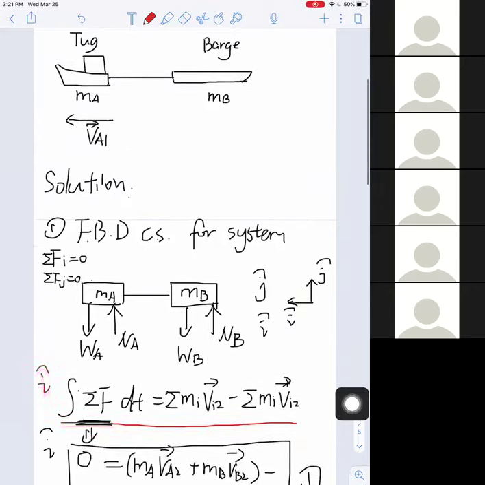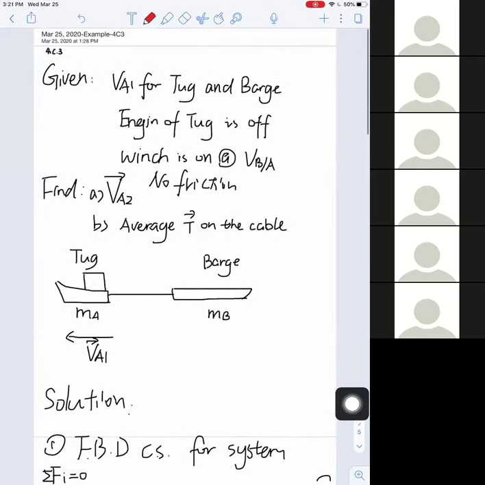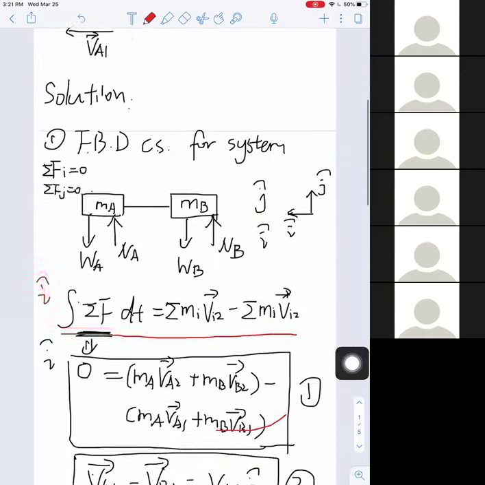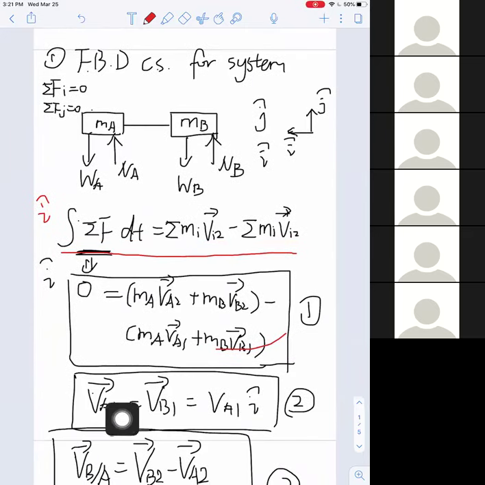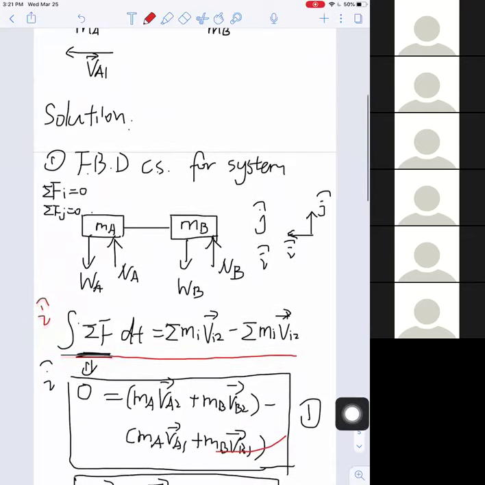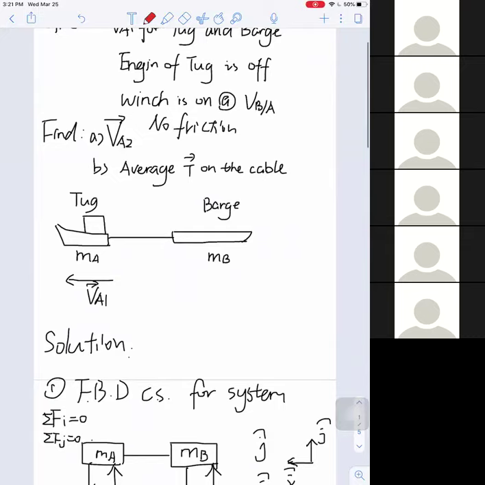And in this given condition, we know both boats, the tug and the barge, are moving at the same speed, vA1 at t equals 1. So vA1 equals vB1 equals vA1 I. They are both moving in the I direction. Another given condition we know is that this winch has this speed vB/A.